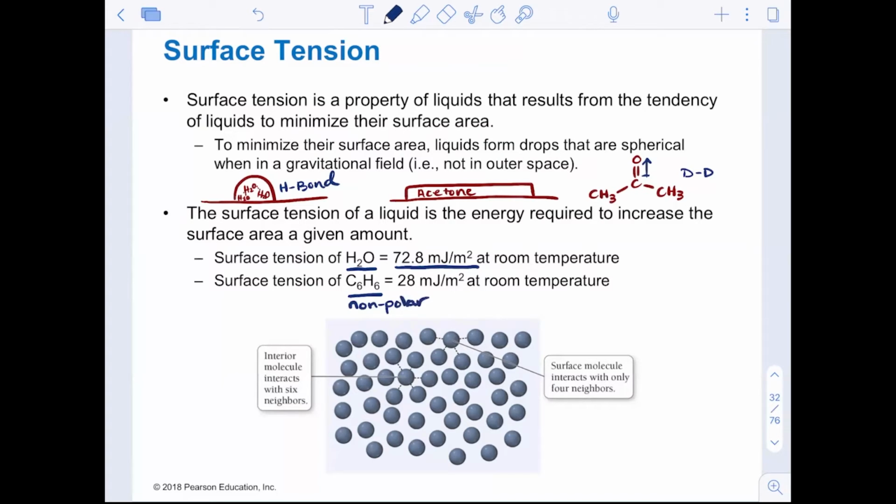That non-polar molecule tells us that it would at best only have dispersion forces, London dispersion forces, van der Waals. Water is a super polar molecule. It has H bonding. Now we can compare these two numbers. Looking at C6H6, which is benzene, benzene has 28 millijoules per meter squared. It has a lower surface tension because of lower intermolecular forces.